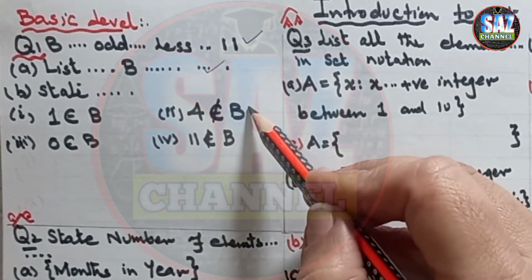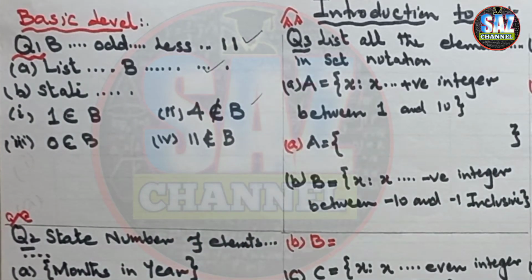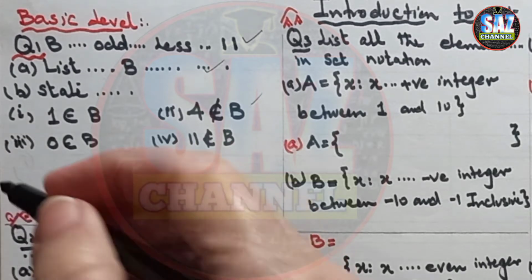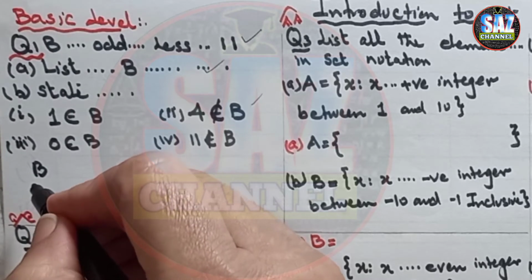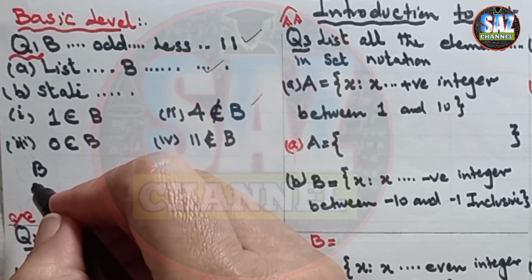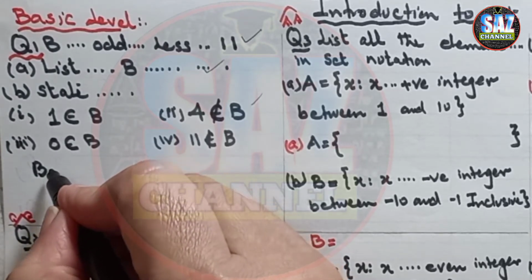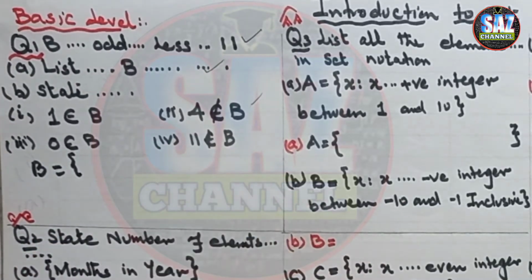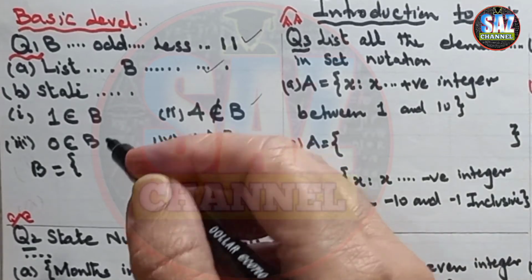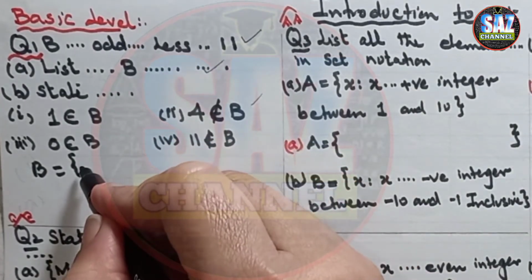Okay, first let me write the elements of set B, and then we will decide whether these statements are correct or incorrect. As set B is the set of odd positive integers, we know that the odd numbers are 1, 3, 5 and 7, and they have to be less than 11.